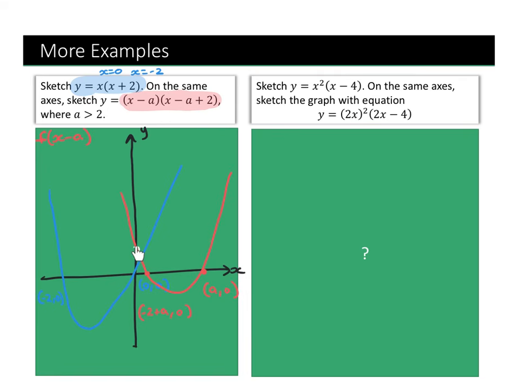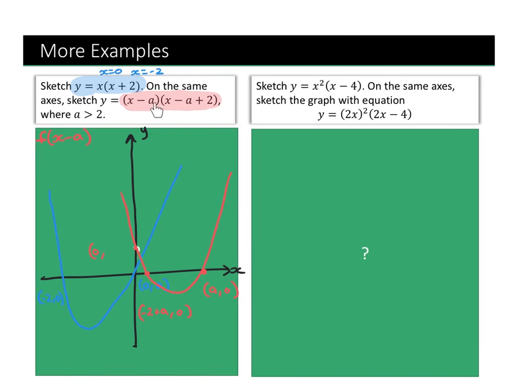Now this point here would have been over here, and this is where x equals 0. So when x equals 0, this coordinate is actually, if x is 0, I've got minus a times minus a plus 2, which is going to give me a squared minus 2a, isn't it?